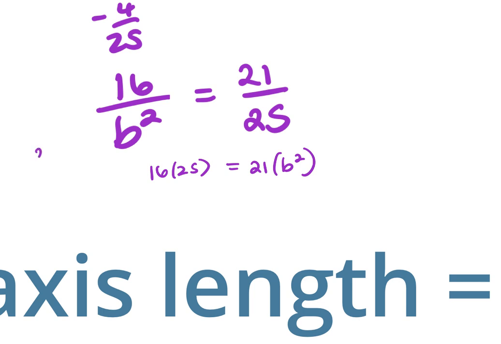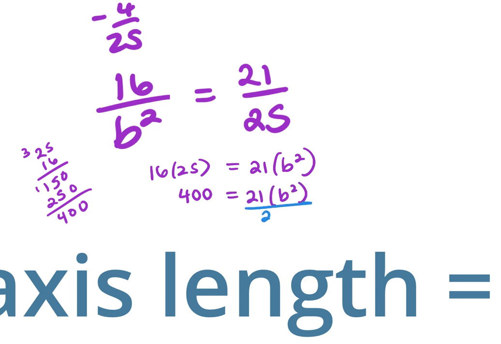I can multiply that out, 25 times 16. 400 equals 21 times b squared. Divide both sides by 21.